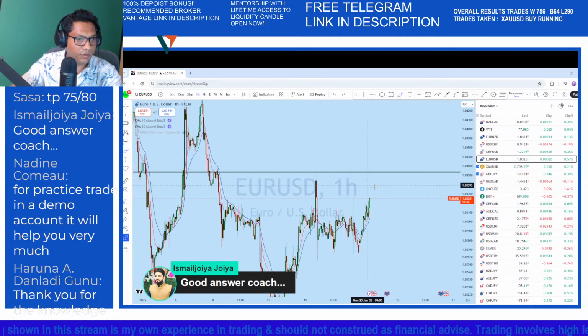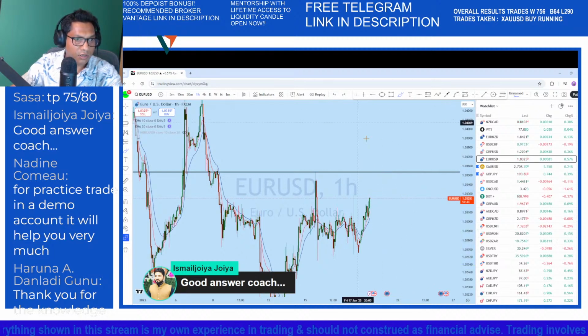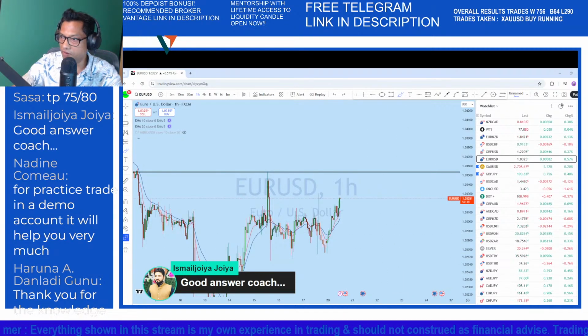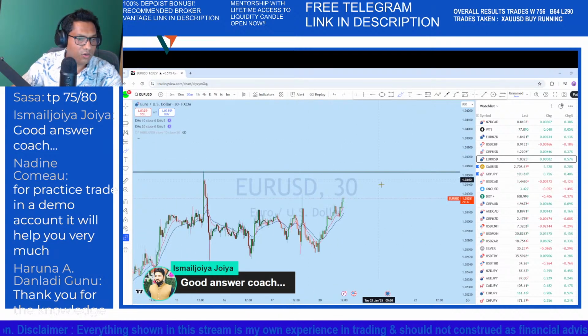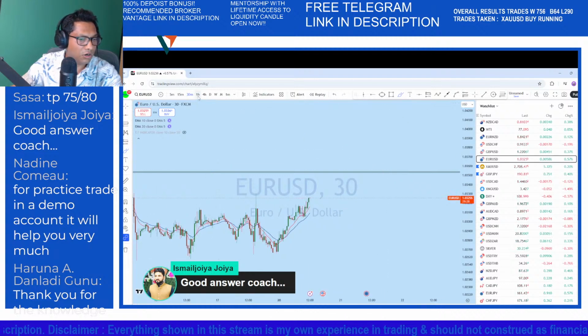From that resistance, after a break, we can expect the market to trend in that direction. We'll see how far it might go. Locally we can see some bullish move on EURUSD.